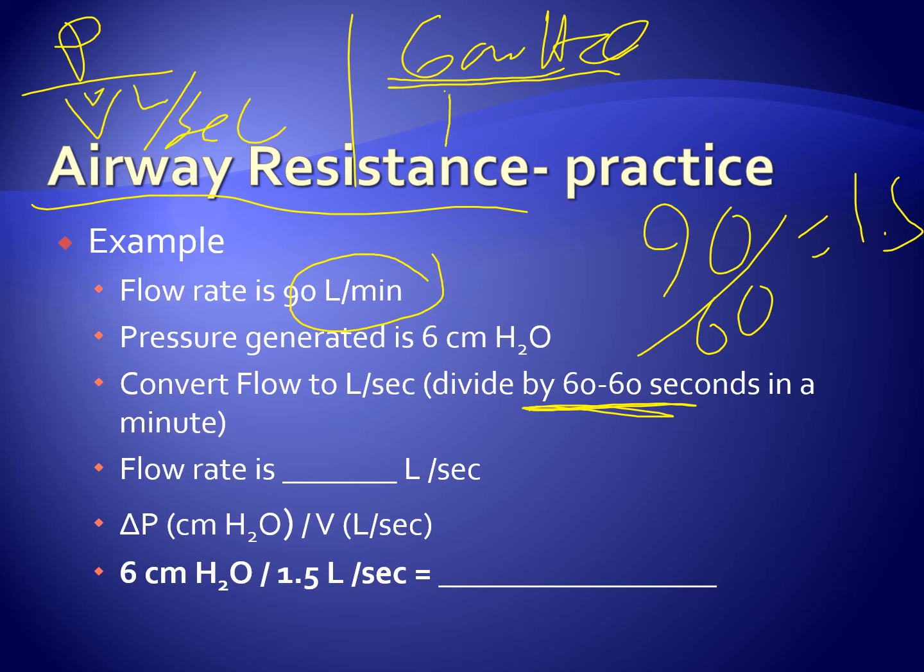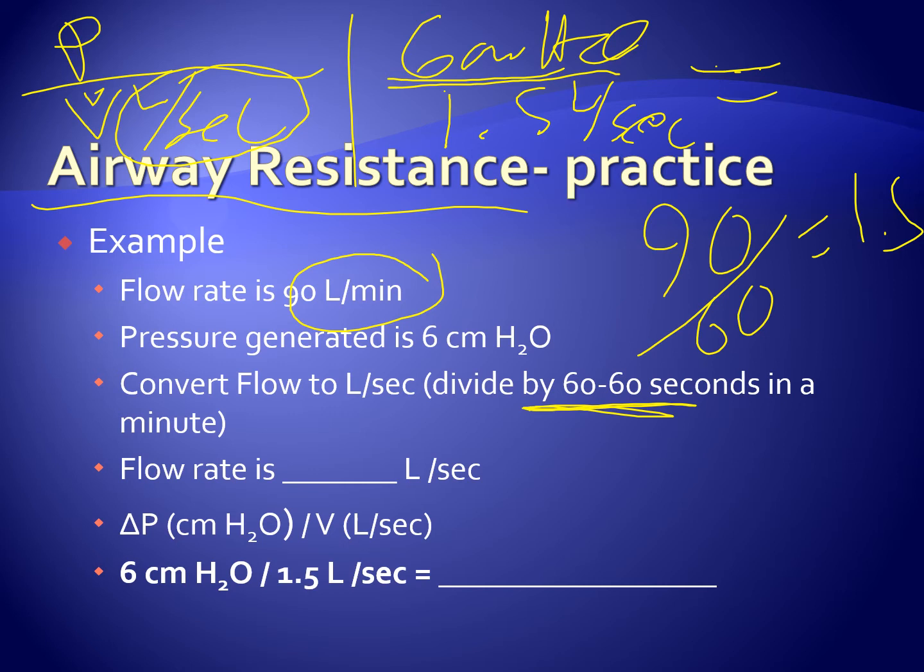So 6 over 1.5 liters per second. So you can see why I was purposeful at drawing in my units there for the equation. So when I actually do the equation, 6 over 1.5, and you guys can do this yourself, so pause it, do the equation yourself.